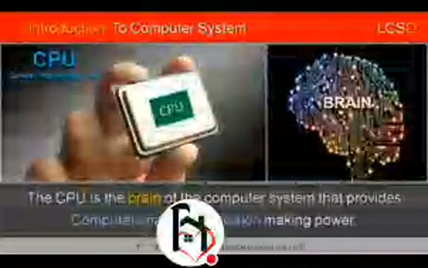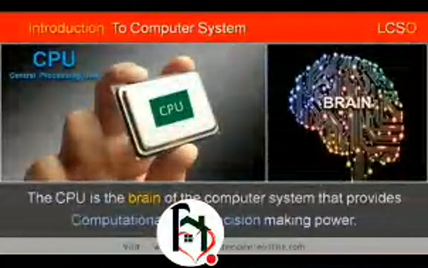The main function of the CPU is to execute the computer program. The fourth unit of the computer is called the output unit. The output unit consists of various output devices connected to the computer system, such as display monitor, printer, projector, and other output devices. The main function of the output unit is to present the data processed by the computer.